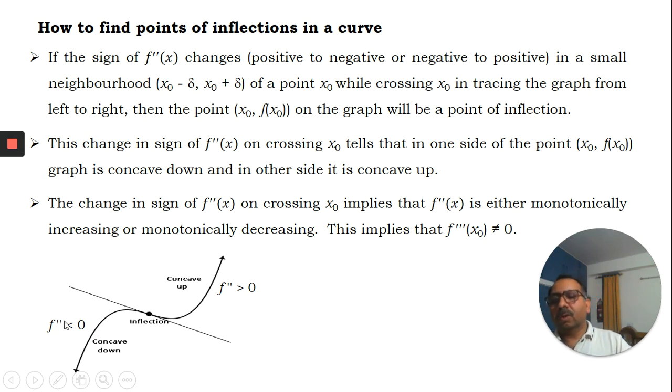It could have happened that in this direction f double dash x might be positive, and here it's 0 and then it is negative. Then f double dash x would be monotonically decreasing. So in both cases, either f double dash x in this interval is monotonically increasing or it is monotonically decreasing. F triple dash x must not be zero. This is the condition for monotonically increasing or decreasing functions.